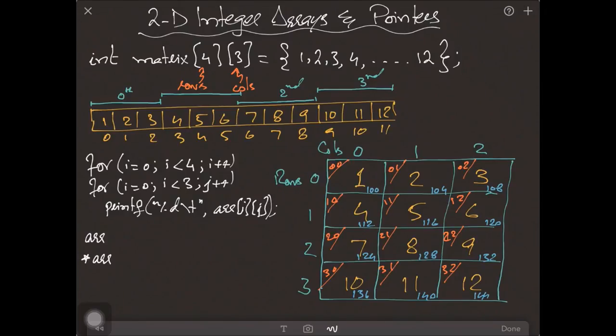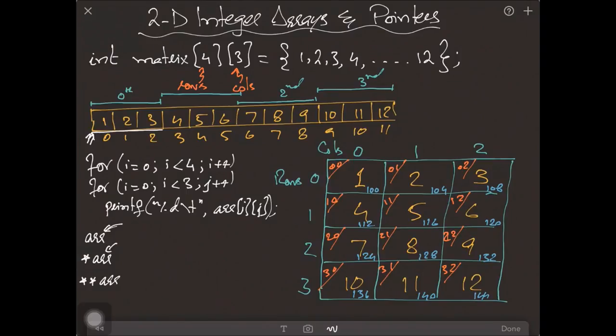Remember, this arr gives the address of this 2D array, and this *arr gives the address of this 1D array, this one. And if I do double asterisk arr, this time it will dereference it and give me the value 1.